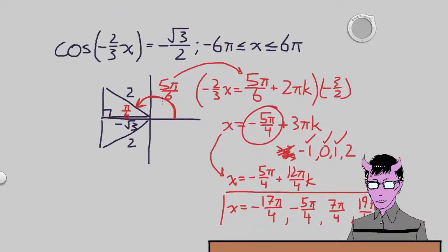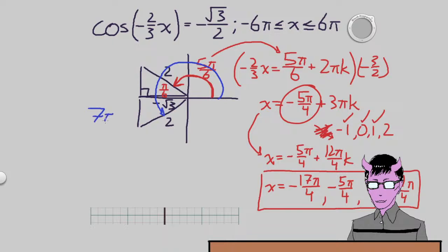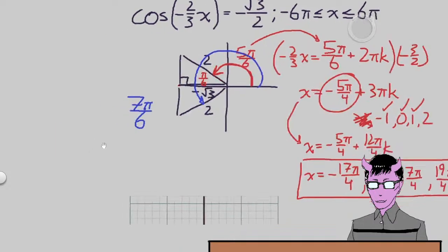Okay. So that only takes care of the red scenarios, but what about the blue scenario from here to there? So that's 1 pi over 6 past the halfway point. So that's going to be 7 pi over 6 for the blue scenario. This is our base angle.